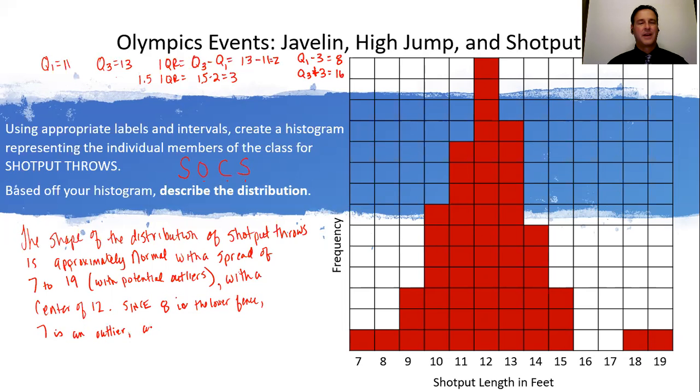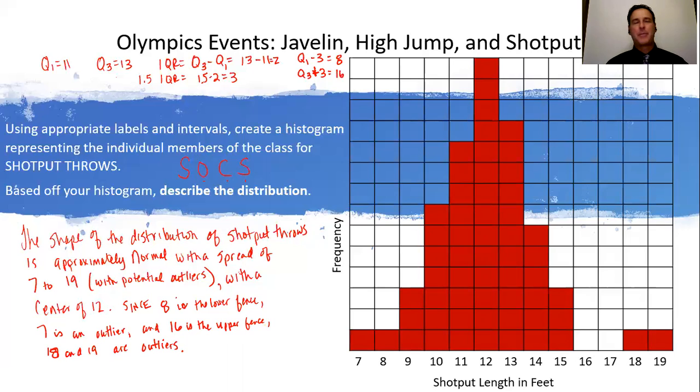And 16 is the upper fence, so 18 and 19 are outliers. Okay, and we are done.